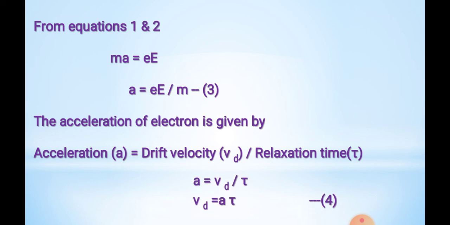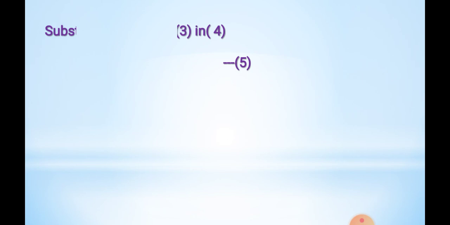From this, Vd is equal to a into tau. We consider this equation number 4. In the third equation we have an expression for a. Now we substitute the value of a from equation 3 into equation 4, and you will get Vd is equal to eE tau by m.